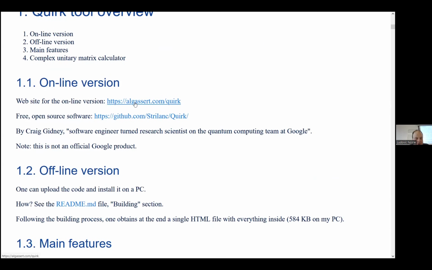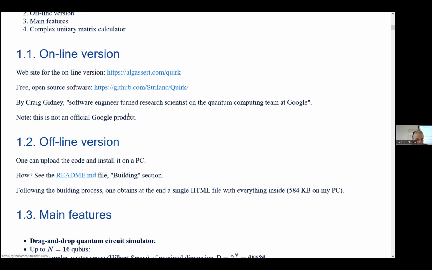So I showed you with this link the online version that can be used. But what is important to know is it is an HTML page with embedded JavaScript. So when you run it, it runs on your PC. It doesn't make any calls to a website.